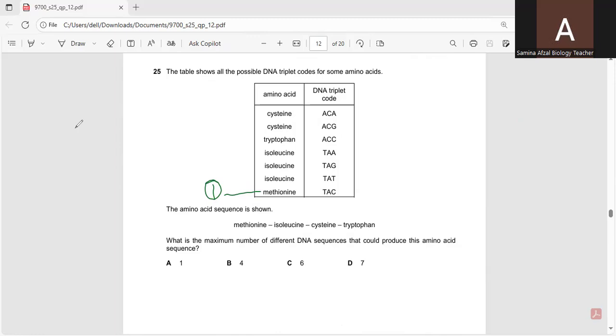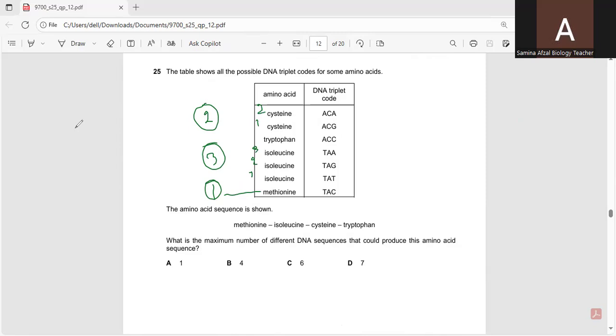For isoleucine, 1, 2, and 3. So there are 3 for isoleucine, and for cysteine, 1 and 2. So in this way, for cysteine, the table shows 2 DNA triplet codes.